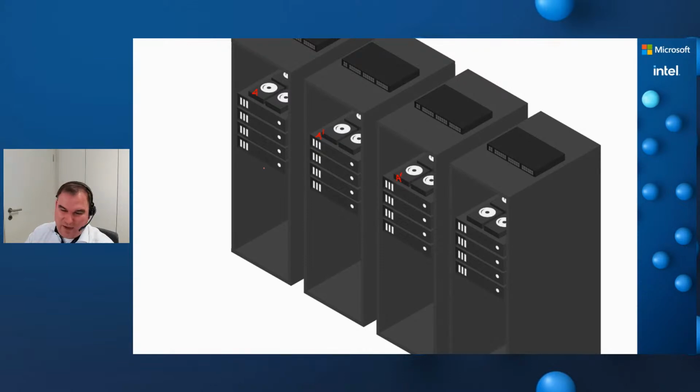But it could also happen that we have our first copy here of this extent B. We have our second copy here and the third copy here. Because Storage Spaces Direct in Windows Server and in Azure Stack HCI ensures that the data is distributed across the servers equally. So each server will have some original data and each server will have some copies.